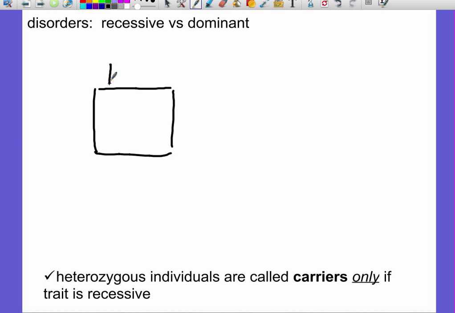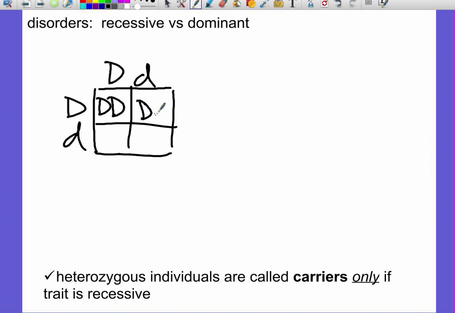So both of my parents are going to be heterozygous. So that would mean that they have one big, one small, right? One dominant, one recessive allele. So this would be a monohybrid cross from last chapter. And we're going to look at the possible outcomes for their offspring. So you fill in your Punnett square, and you get these 4 different combinations.